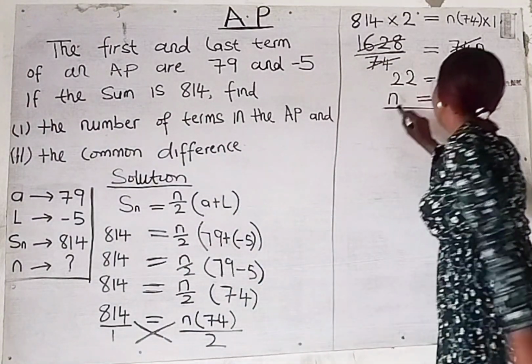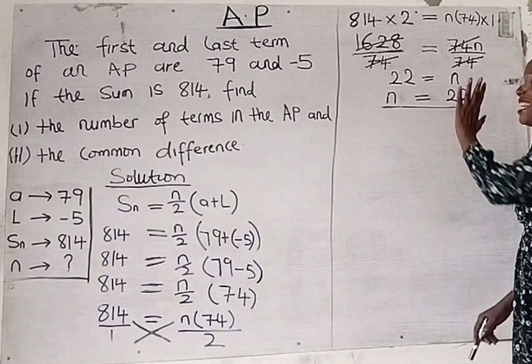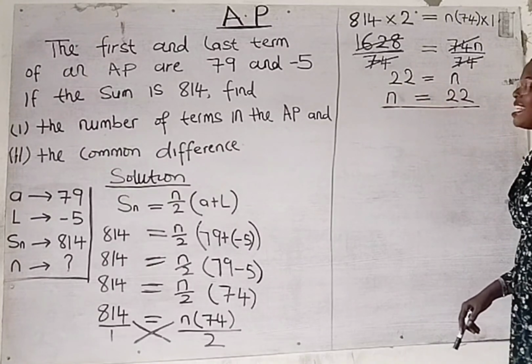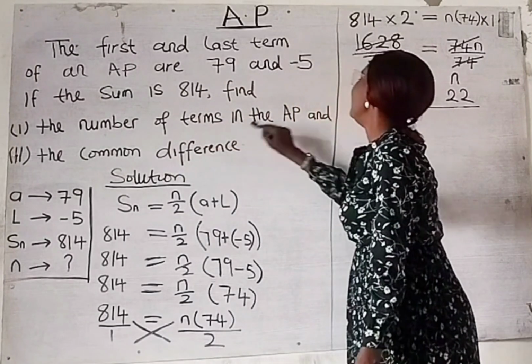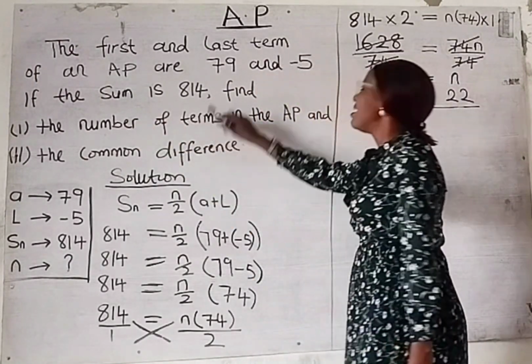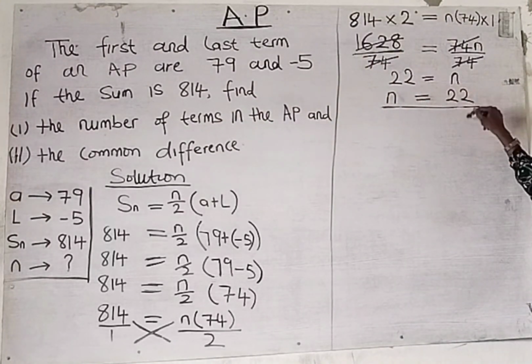Yes, n equals to 22. That means we have answered the first question, the I question, which says find the number of terms in the AP. Yes, the number of terms in this AP is 22. It is 22. I hope you are following.